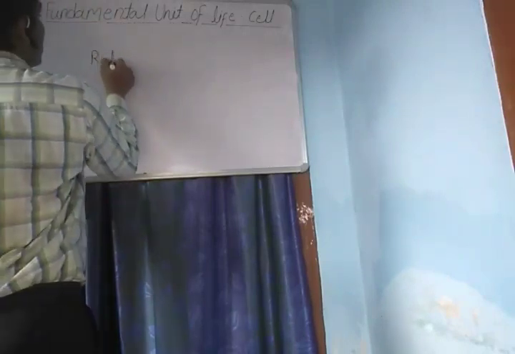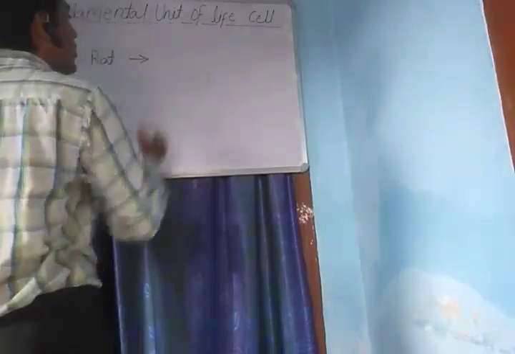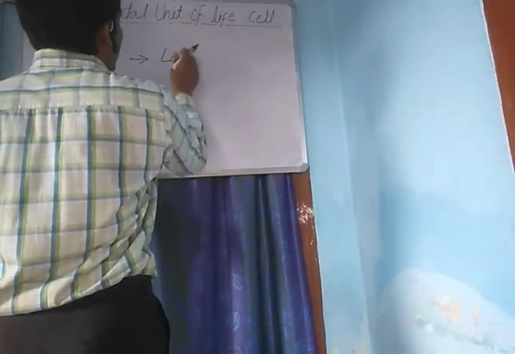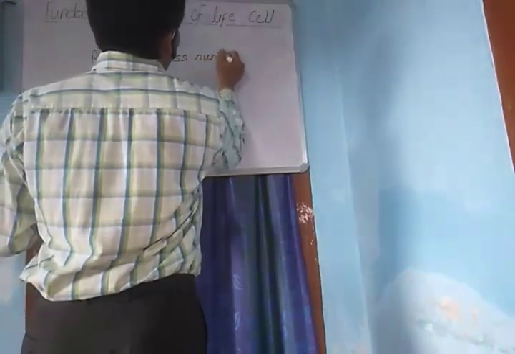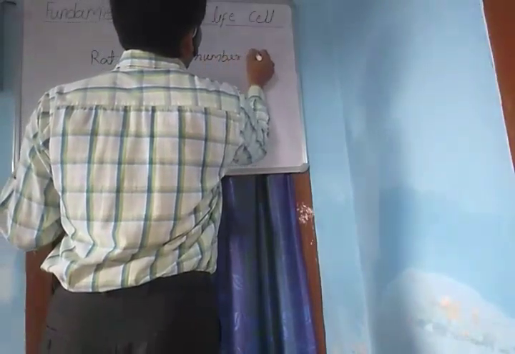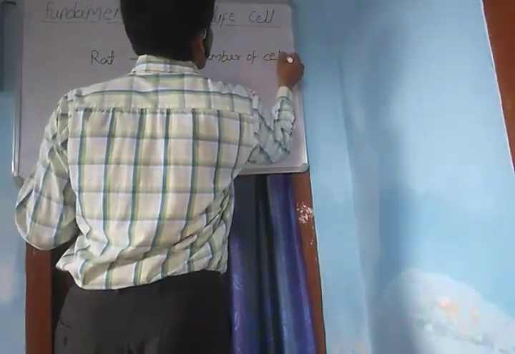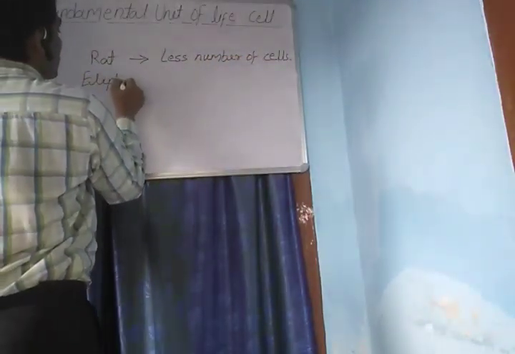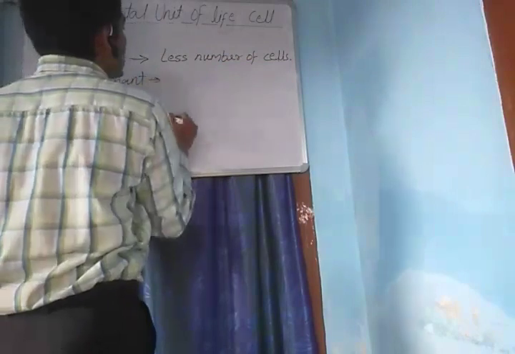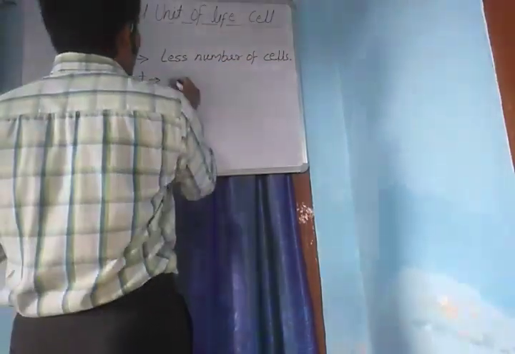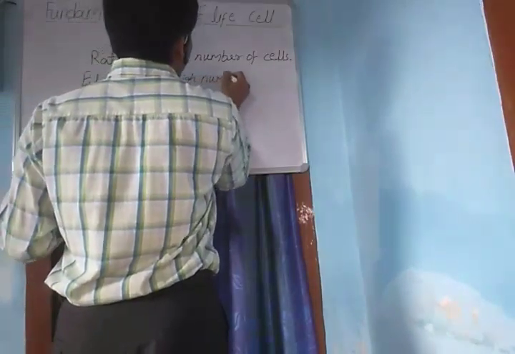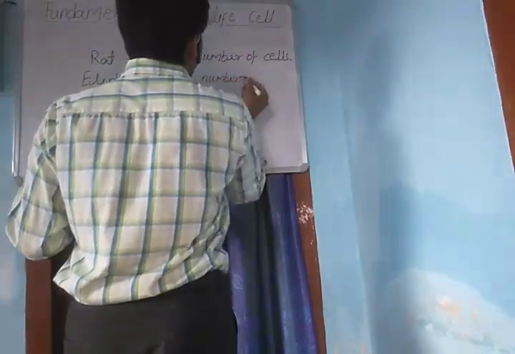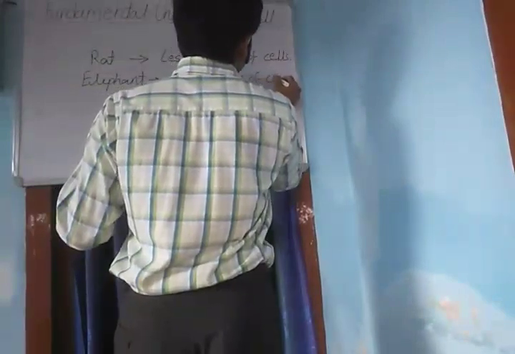The rat is smaller because of a lesser number of cells. The elephant is larger because of a high number of cells.